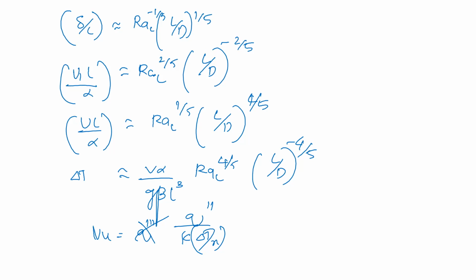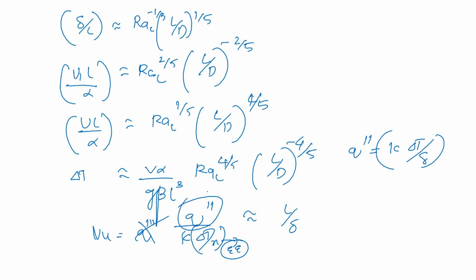So from the continuity equation and the temperature equation we know this actually scales with L by delta, because Q double prime is equal to K delta T by delta. You can check this using scaling in the energy equation.